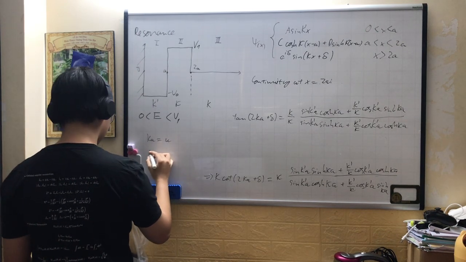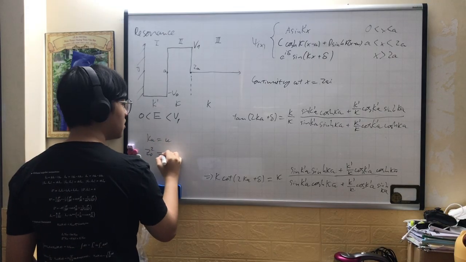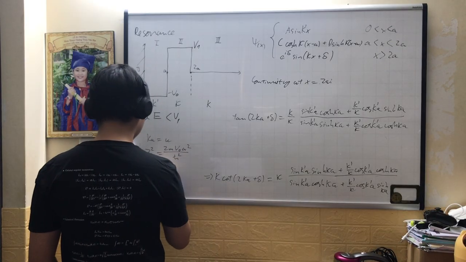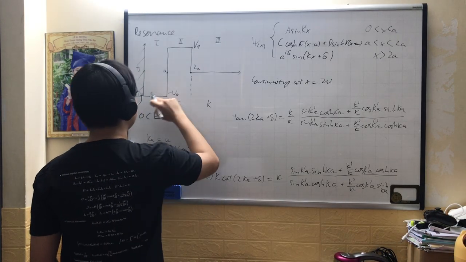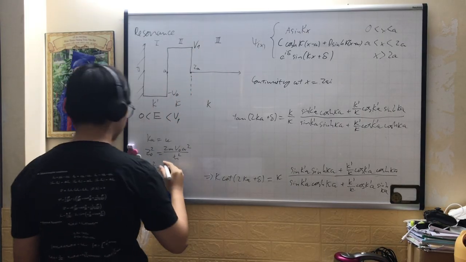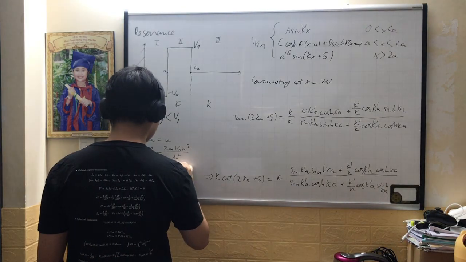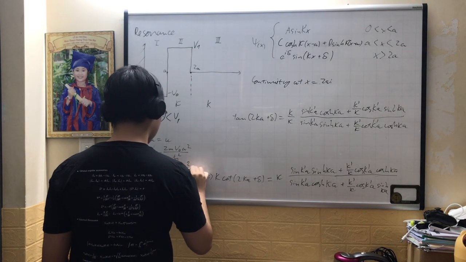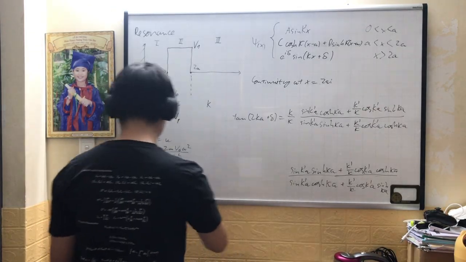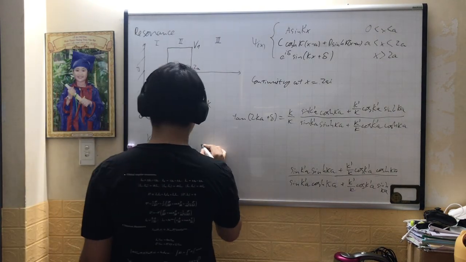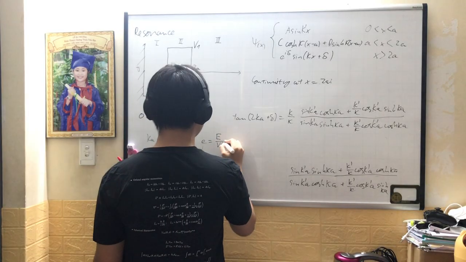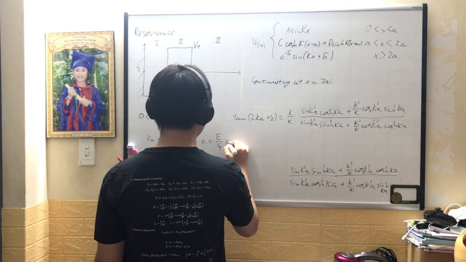Next is the Z naught square, 2m V naught A square over H bar square. Z1, since we have two different potential values, V1 A square over H bar square. Okay, what we have next would be your dimensionless energy, E over V, and here V we take V1.